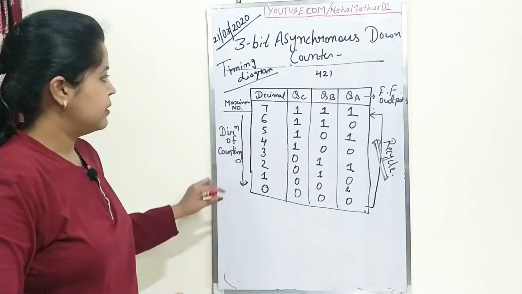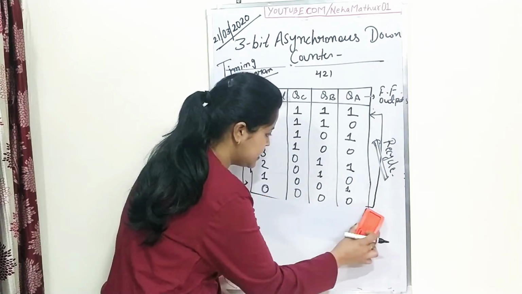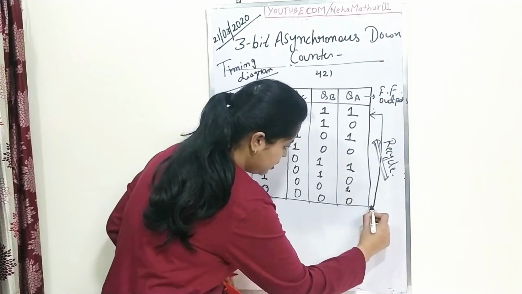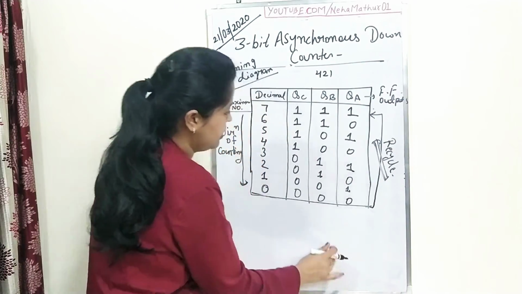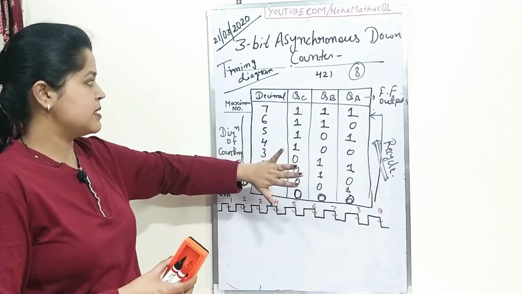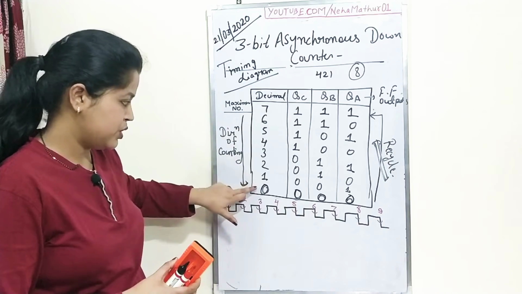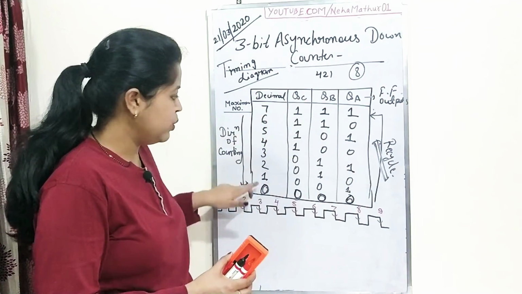So if this table is in your mind, then it will be easy to draw the timing diagram. I am trying to draw the diagram here in this space, following the table. The table just represents the decimal numbers which are going to be counted from 7 to 0, and the respective outputs of all the flip-flops from 7 to 0.